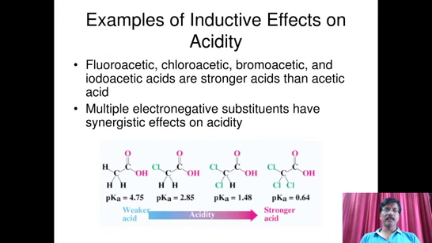Here, look at the question again. Here we have the same acetic acid, but with chlorine atom substituents. So pure acetic acid, monochloroacetic acid, dichloroacetic acid, trichloroacetic acid. Naturally, what do we expect? Definitely, trichloroacetic acid is the strongest acid compared to dichloro, and monochloro is still a weaker acid, and pure acetic acid is the weakest acid here.